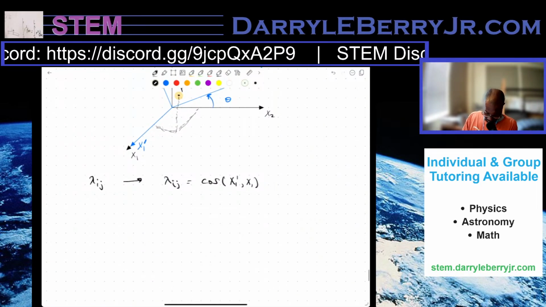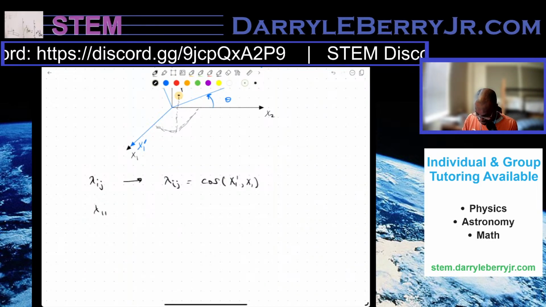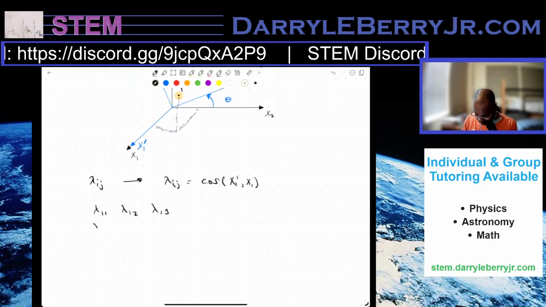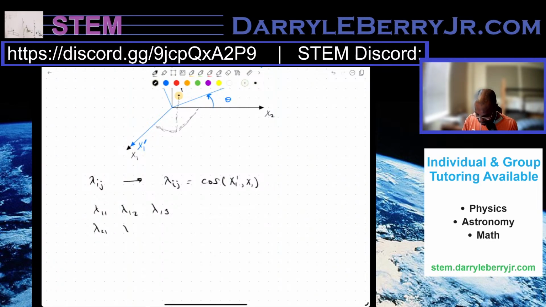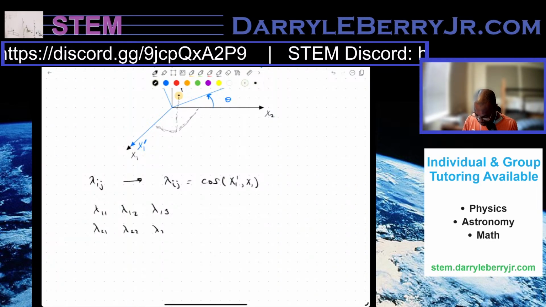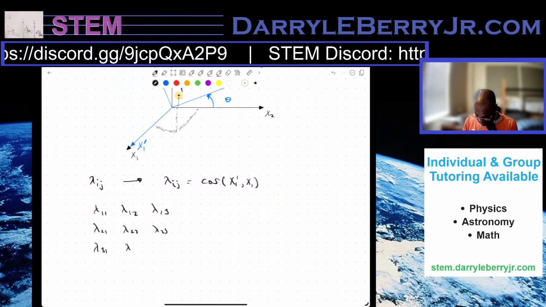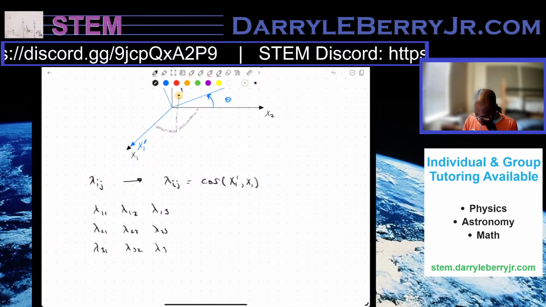So we have the matrix lambda 1,1, lambda 1,2, lambda 1,3, lambda 2,1, lambda 2,2, lambda 2,3, lambda 3,1, lambda 3,2, lambda 3,3.